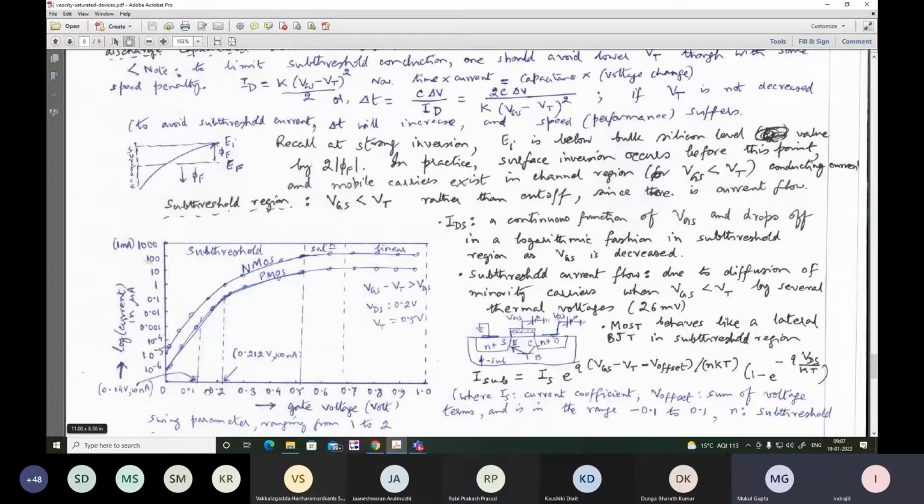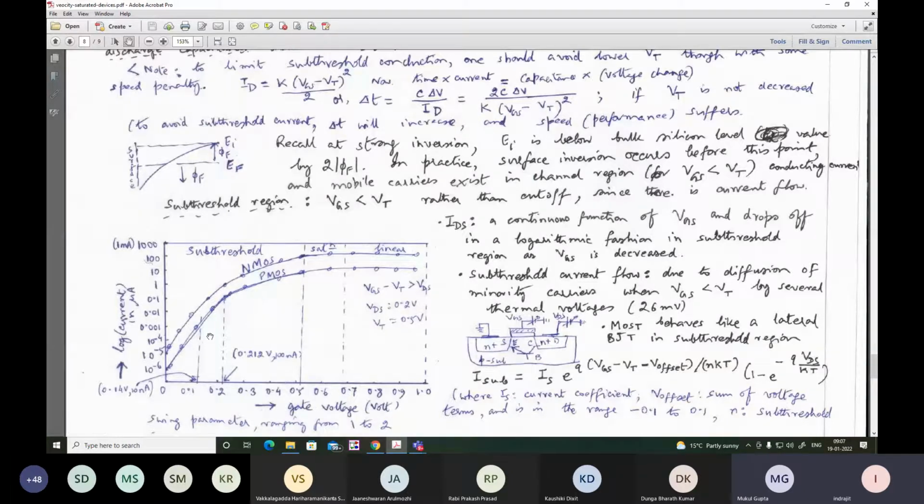And when VGS is lowered by say 72 millivolt, that means it is 0.14 volt, the current has come down by a factor of 10. Quite an appreciable decrease in the current, by a factor of 10, from 100 to 10 nanoampere, whereas the voltage has reduced by a small value, from 0.212 to 0.14, a decrease of nearly 70 millivolt.